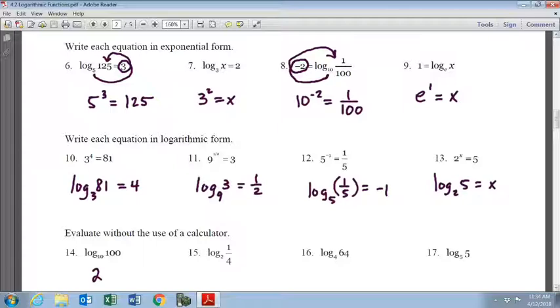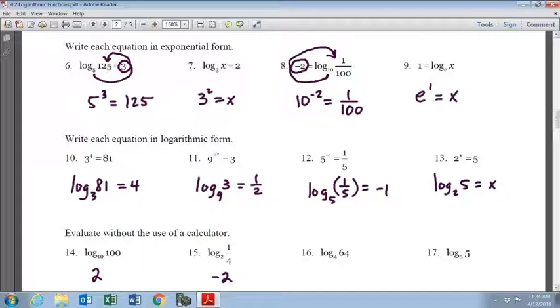On number 15, again, a logarithm represents an exponent. It's the exponent that you put on a base of 2 to get 1/4. Well, we know 2 squared is 4, so it would have to be 2 to the negative 2 power. So this is equal to negative 2.